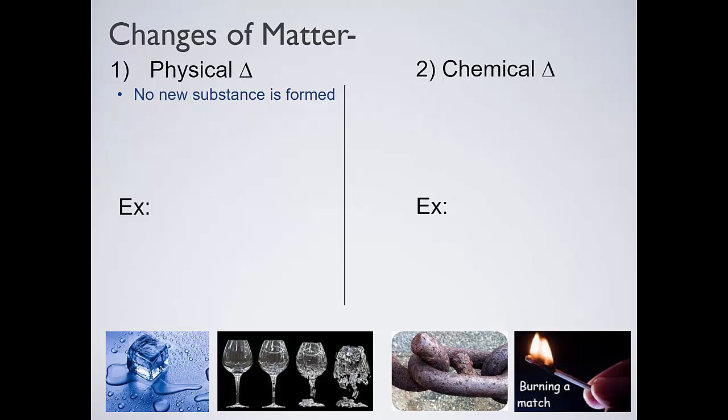If I take an apple and bite it, and a piece of apple comes off, is it still apple? Yes. So that's only a physical change. There's no new substance formed. If I take a piece of glass and break it, I still have little chunks of glass. That's a physical change.